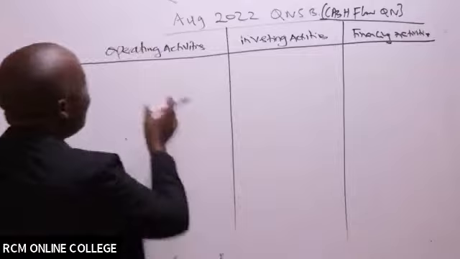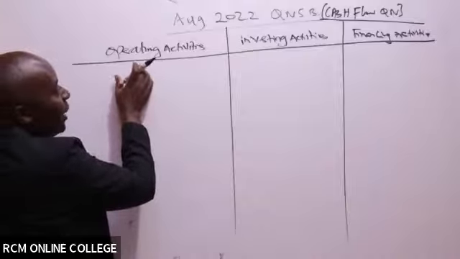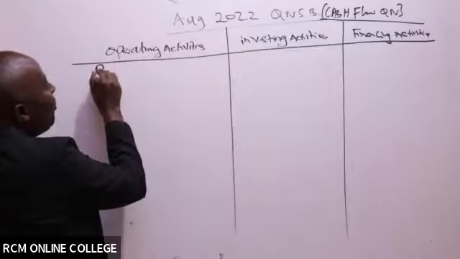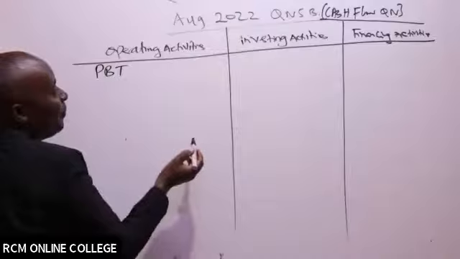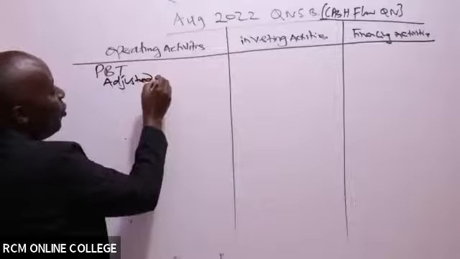Then after I do this, I know that for the indirect method and operating activities, I will always start with the profit before tax, and then I do adjustments. So we say adjusted for.